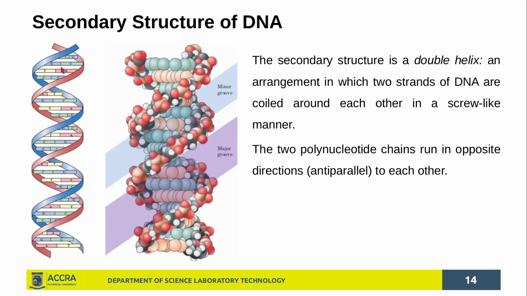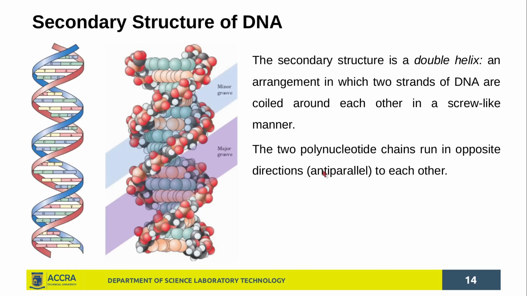The bond that exists between these two strands in DNA is the hydrogen bond. So you see that the hydrogen bond is what binds two strands together in DNA, but the phosphodiester bond is the bond that binds the nucleotides in sequence in a nucleic acid chain.